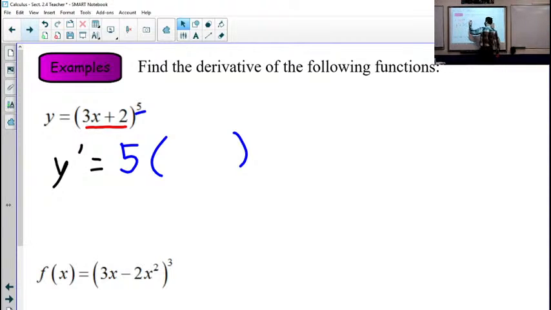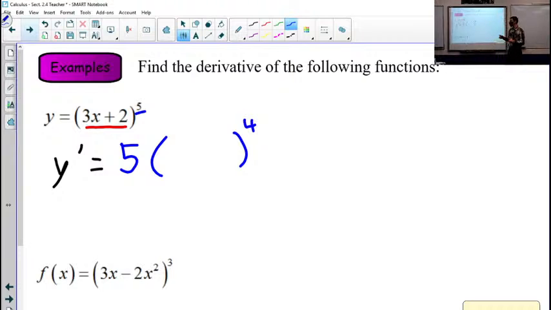So instead of being to the 5th power, now it would be to the 4th power. So 5 times my function to the 4th. What's my function? Well, my innermost function is 3x plus 2.